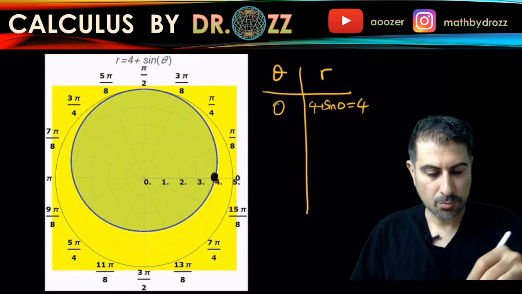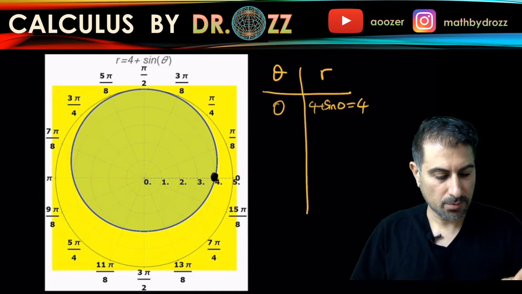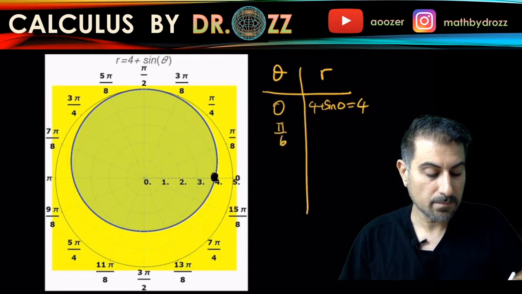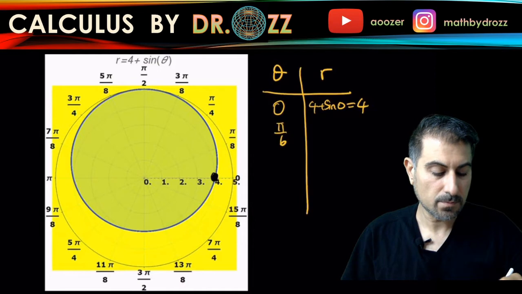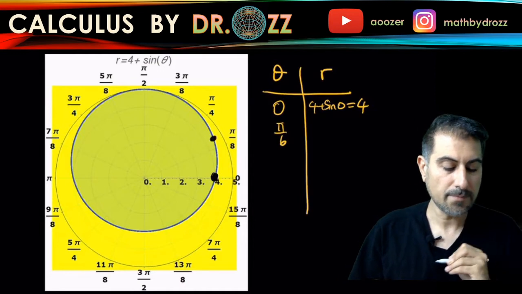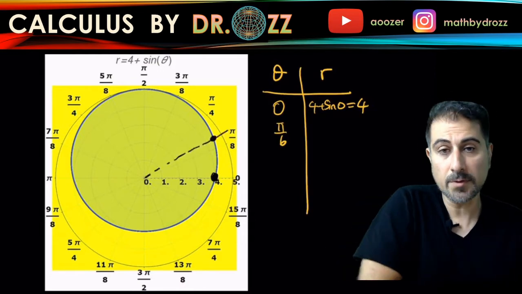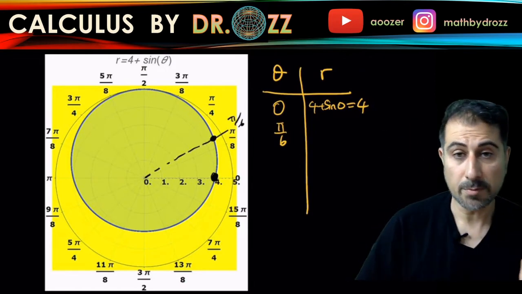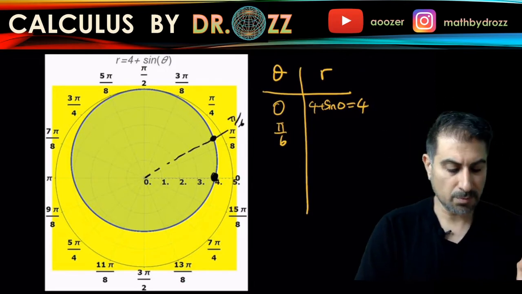Now I'm going to choose theta equals pi over 6. Pi over 6 is somewhere here. You can also try pi over 8. These angles are just representative angles, to give you some reference.